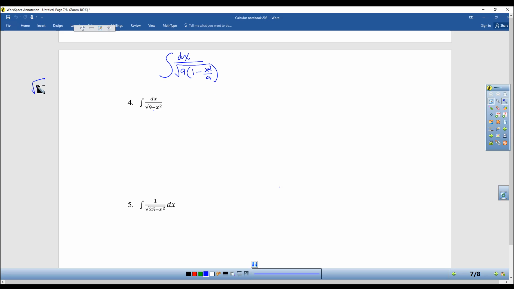And then just like you've always done, breaking things into parts you can do and parts you can't, you're going to break this down into a part you can do and a part you can't. And then you can actually simplify the square root of 9, which is 3, dx over 3 square roots of 1 minus x squared over 9. So that's the step you need to do before you can even start, okay?